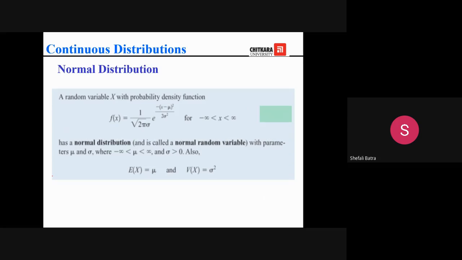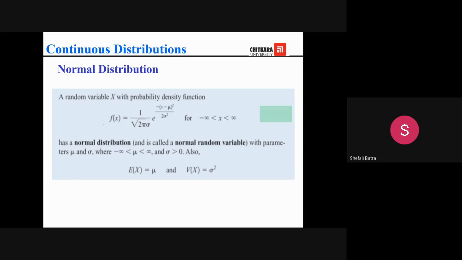So when we are talking about the continuous random variable, in the previous class we have done that we do have one function that is known as probability density function. In case of a continuous random variable, probability is given by the probability density function, right?